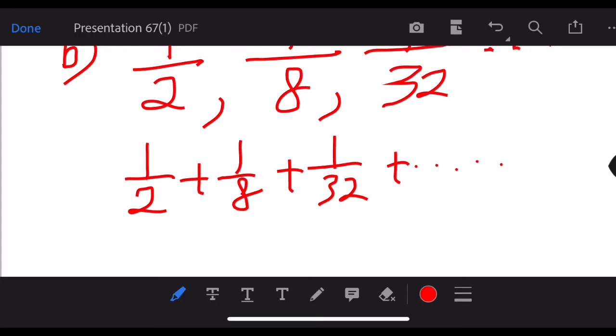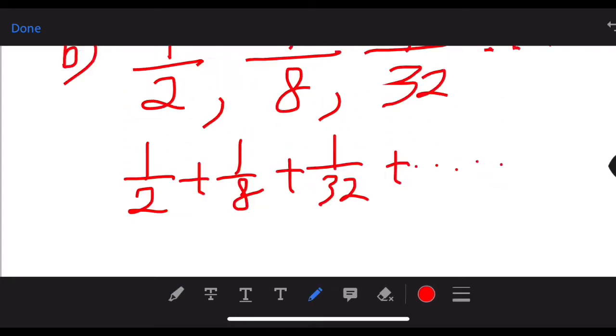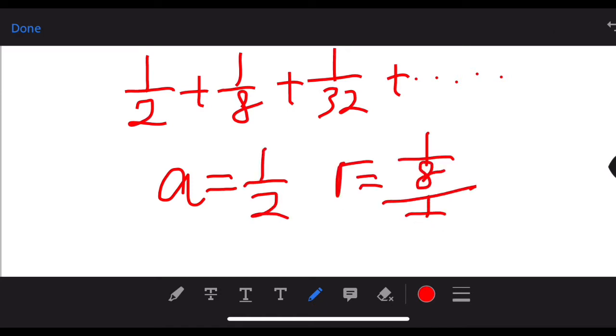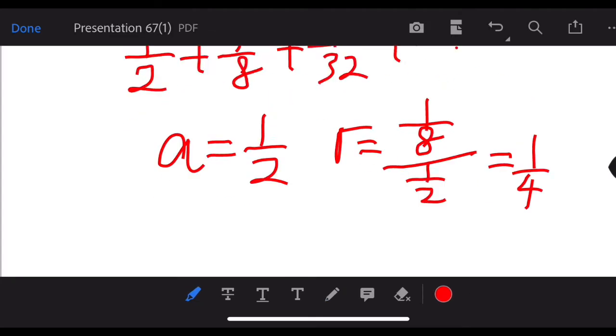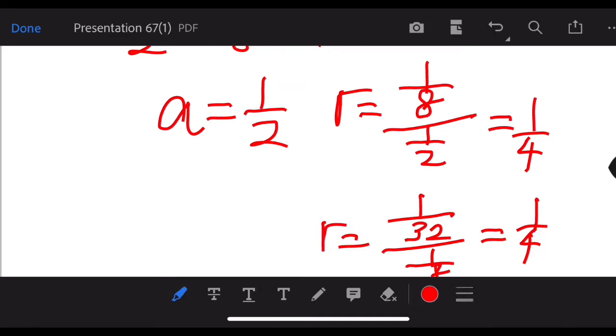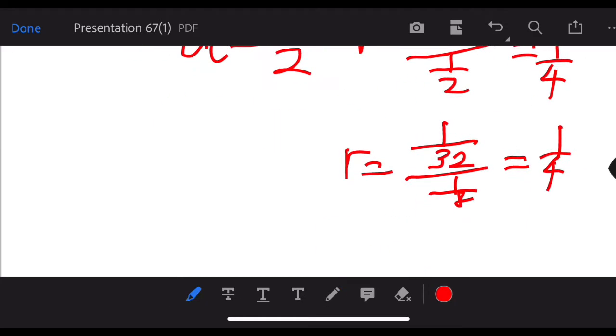So we need to find that a is 1/2 and r is 1/8 divided by 1/2, so it's 1/4, right? And you have to show that both r are common, they are the same, like 1/8 divided by 1/2, so you get 1/4, right? You can always use a calculator to check.